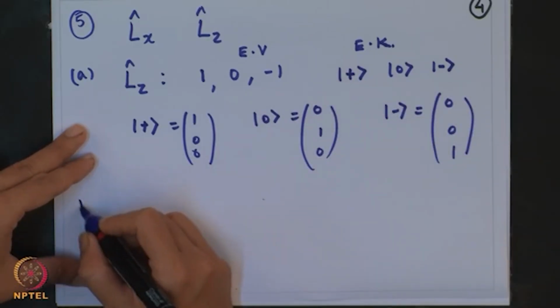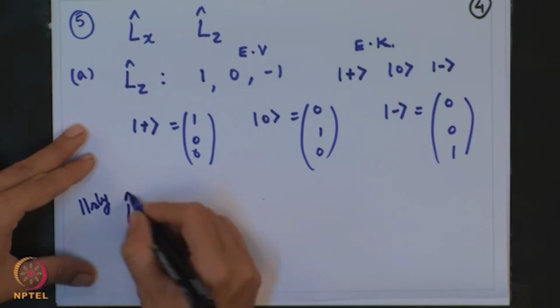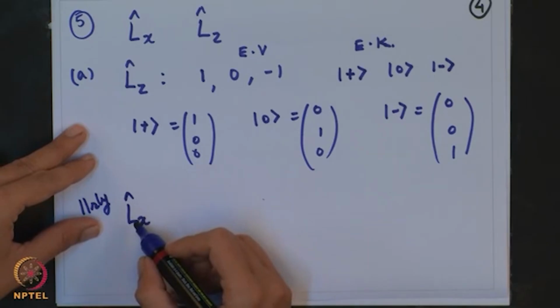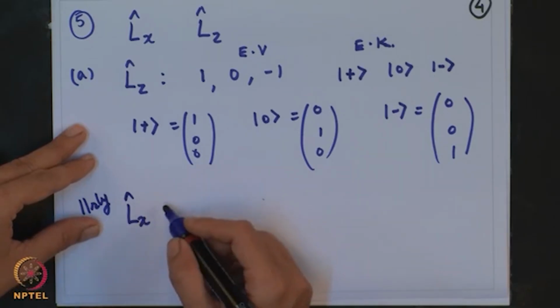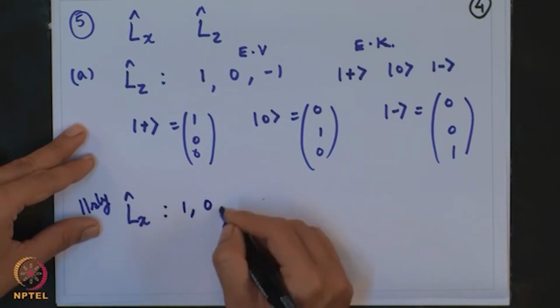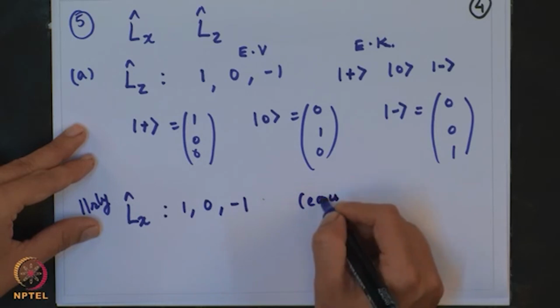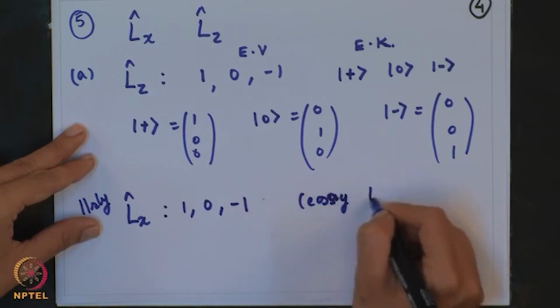Now, from this you can try and calculate the eigenvalues of Lx. The eigenvalues of Lx are also 1, 0, minus 1. It is easy to check.